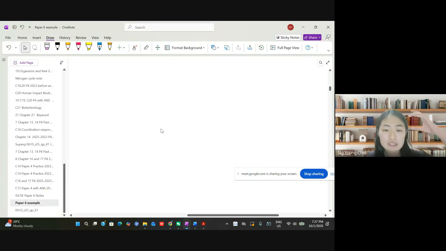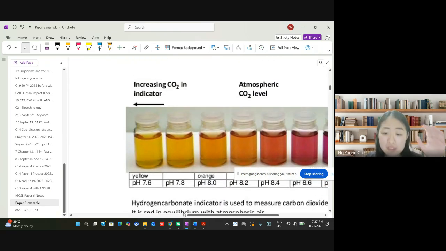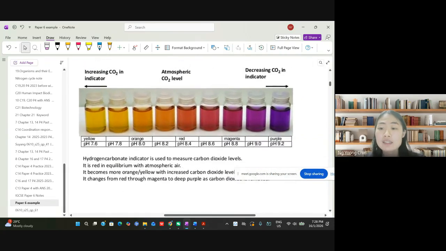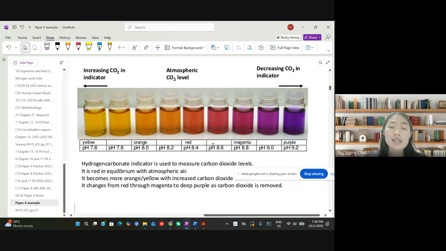Remember, if the solution itself is alkaline, the indicator will change to become purple or red color. But if the solution becomes more acidic, increasing in acidity due to what? Due to the increase in the carbon dioxide concentration in the solution. So the pH indicator will change to become more yellow or orange in color.